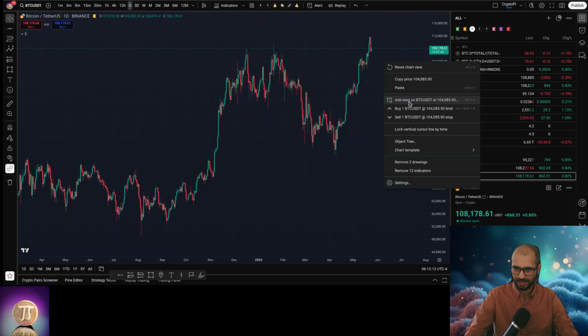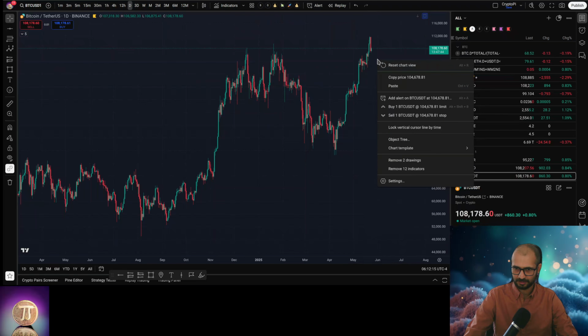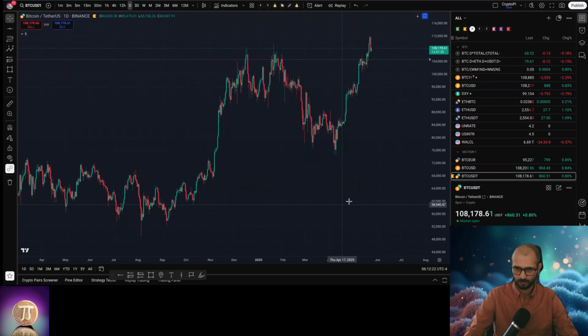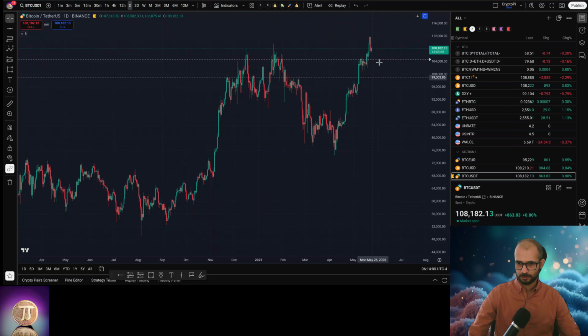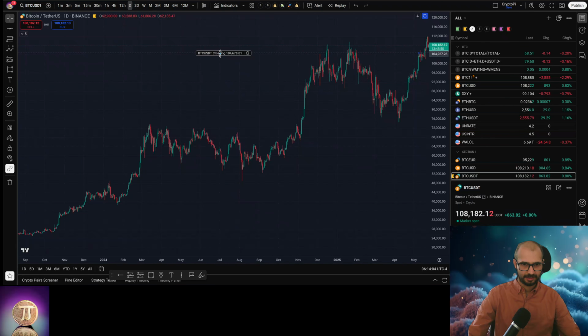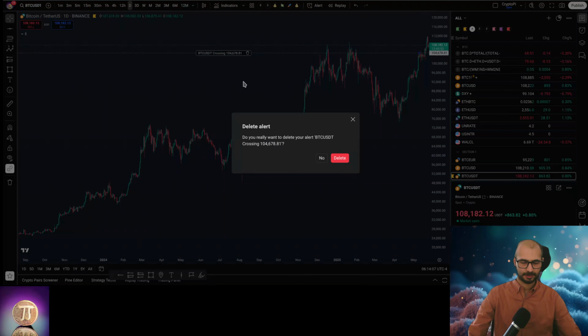I would right click here and say add alert on 104K. So once the price comes to this level, it will give me an alert for that. Now, for the moment, let's delete this one.